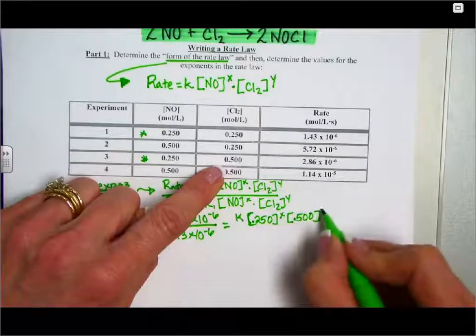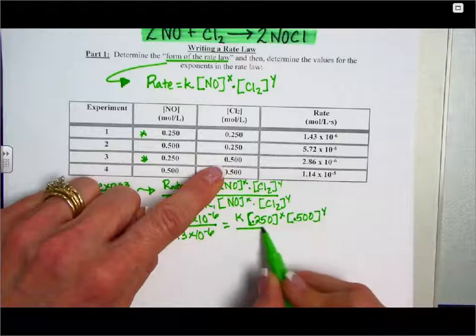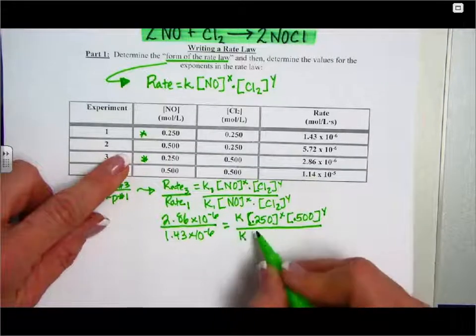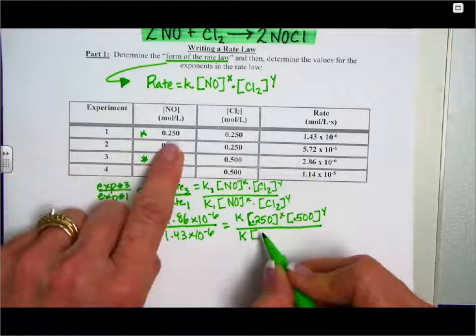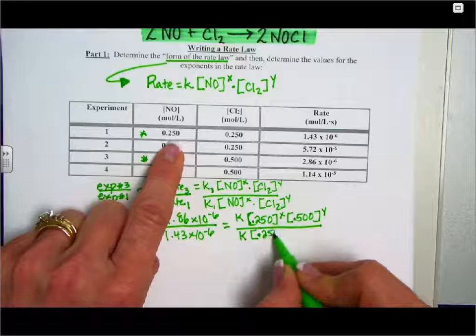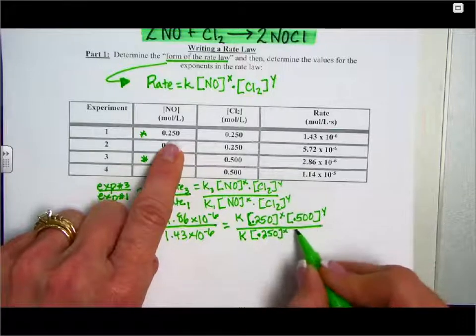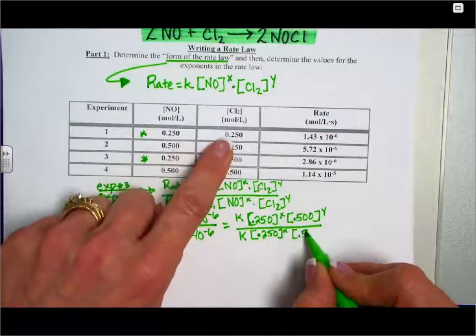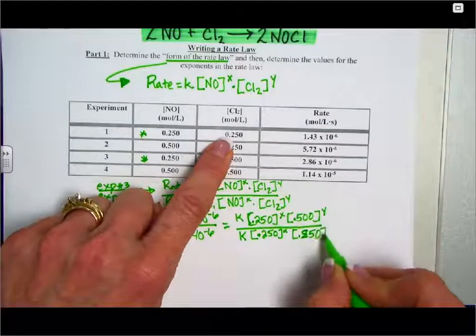Keep in mind these are molarity. And you're going to do the same thing with experiment 1's. So the k for 1. Now plug in the concentration for the NO for experiment 1, 0.250 to the x times 0.250 to the y.